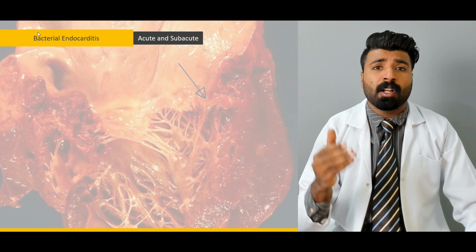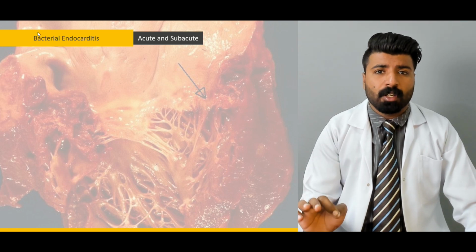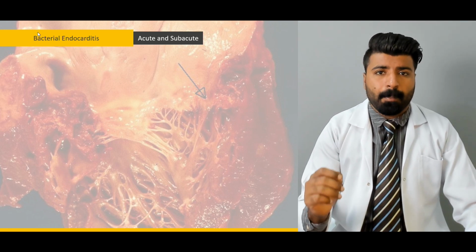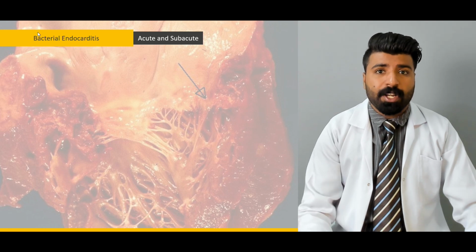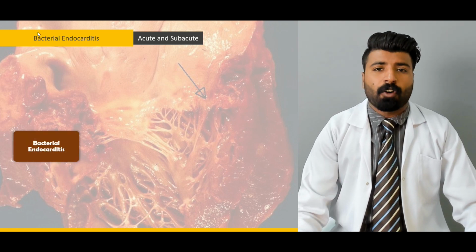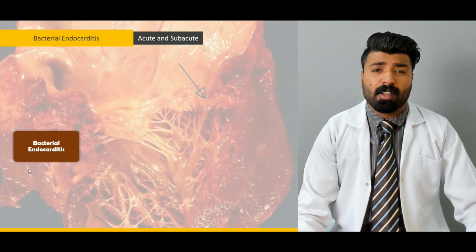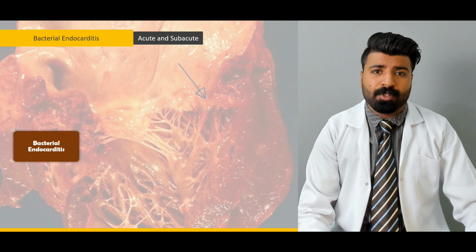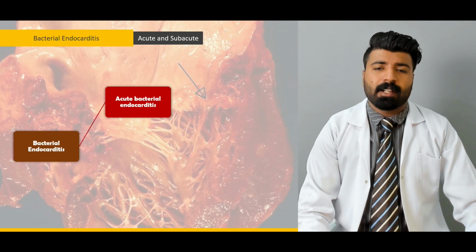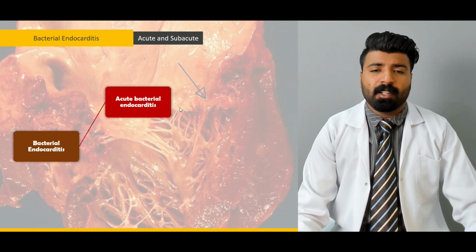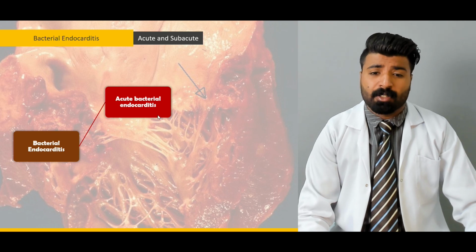And we will have longer and longer time to do something about it, to treat it. So first of all, we have bacterial endocarditis, meaning bacteria led to the inflammation of the endocardium. It's divided into acute bacterial endocarditis and subacute bacterial endocarditis.